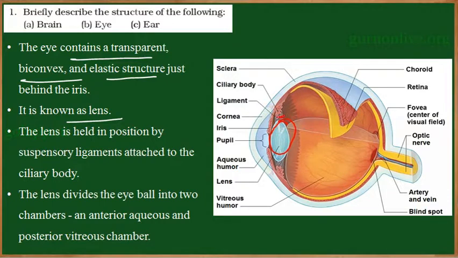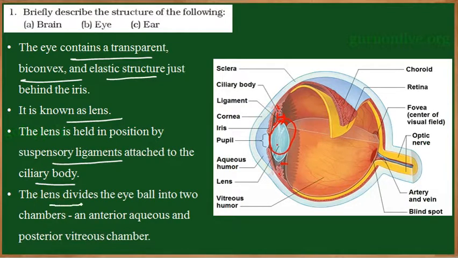Below that, you can see this portion. These are the suspensory ligaments. So the lens, through the suspensory ligaments, is attached to the ciliary body. So this is also a ligament and this is the ciliary body. The suspensory ligaments attach the lens to the ciliary body.